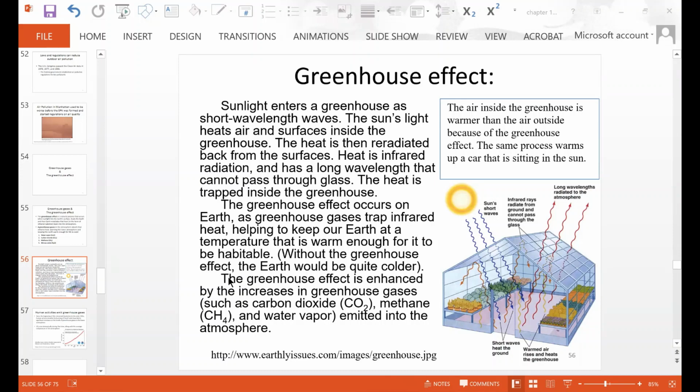Now, the greenhouse effect in modern times is enhanced by the increases in greenhouse gases like carbon dioxide, methane, and water vapor that are being emitted into the atmosphere through man-made processes or anthropogenic causes.